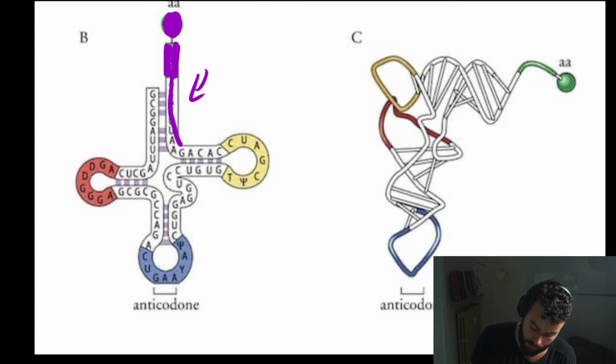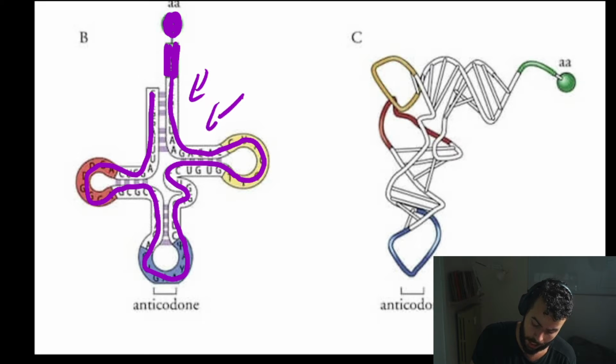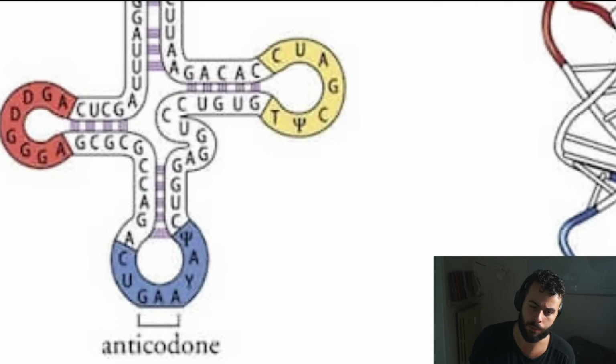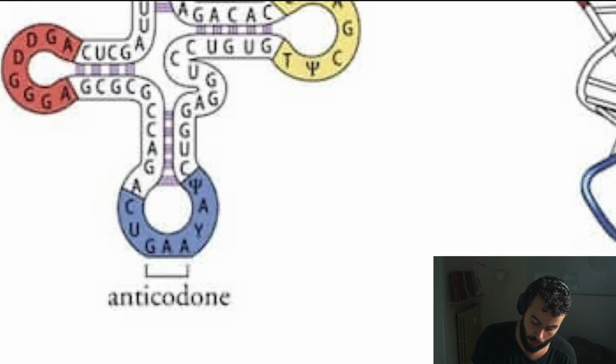It is going to have some sort of hairpin-like formations because of the hydrogen bonds and intermolecular forces you can form between different nucleotides of this RNA. And it will also have, which is the most important part we need to study, the anticodon, that is going to be the exactly complementary of the codon.